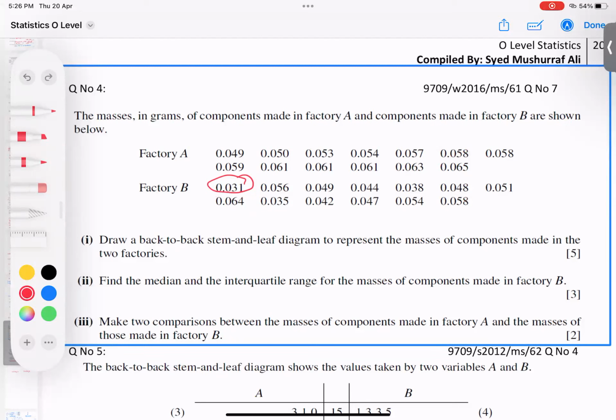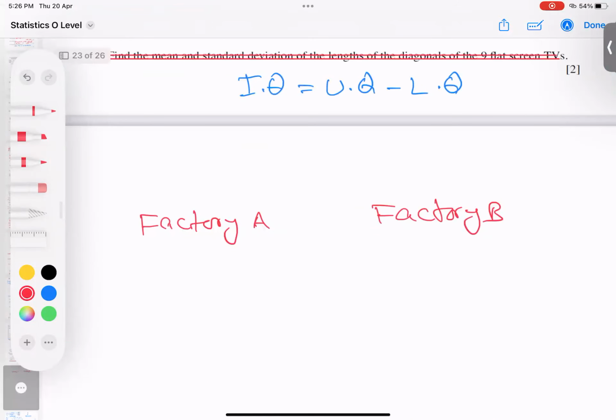Let's check for bigger than 6.5. No data is bigger than 6.5. So 0.031 and 0.065. I'm writing 65 and 31. I can write in this order or another order.